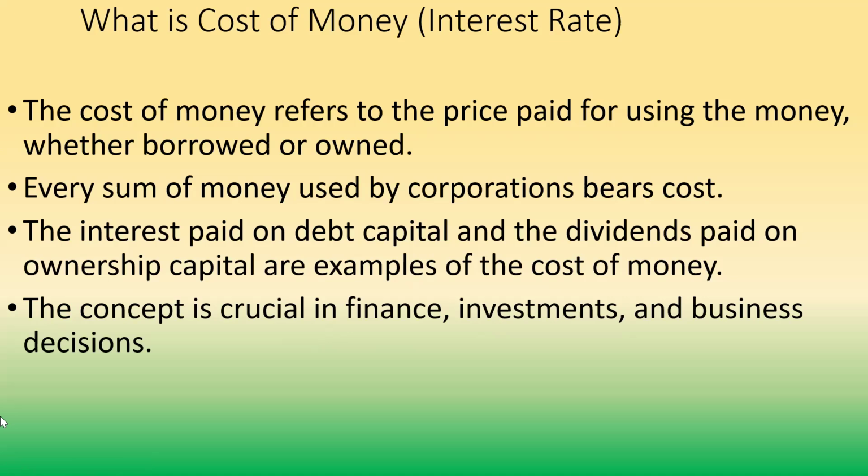In simple words, we can say that the cost of money is the price you pay to use someone else's money. Someone else's money means, for example, borrowing money. When you borrow money, this is called long term liabilities or debt, or the opportunity cost of using your own money.